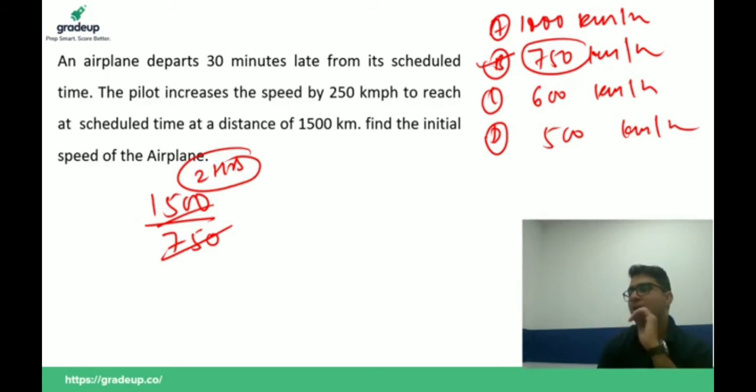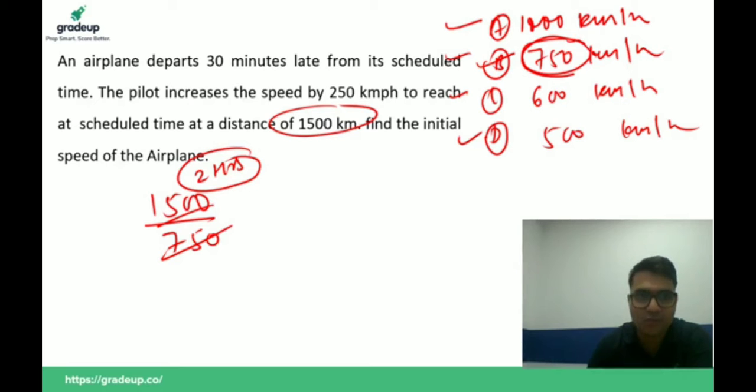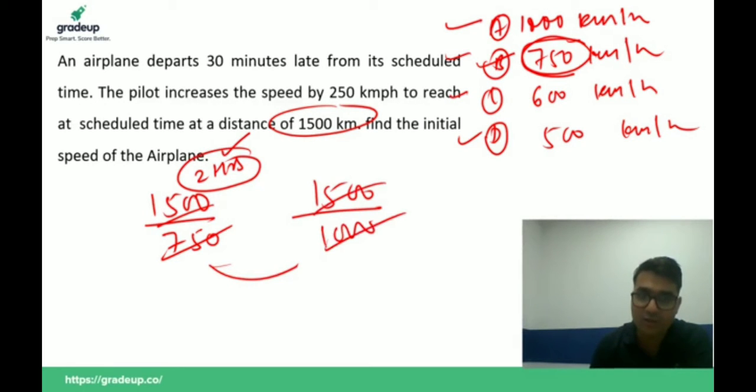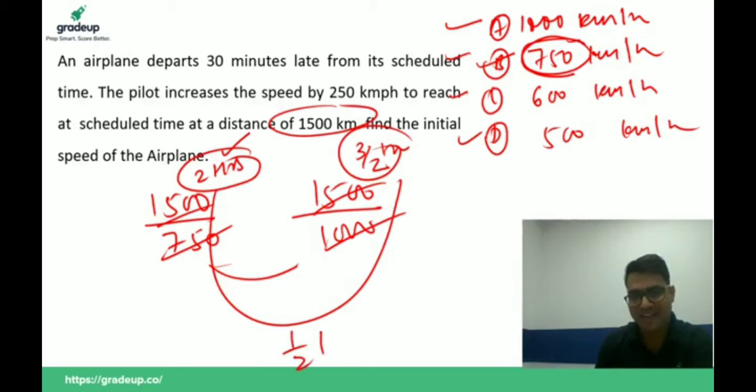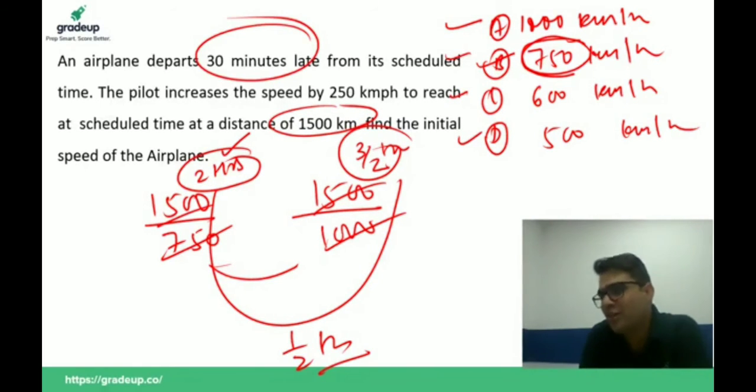Okay, now understand. All right, guys, you can do it by the options also. If you're going 1500 km with 750 speed, then you will take 2 hours. And if you are going at the increased speed, then you will take 3 by 2 hours. Then the difference between these two timings is half an hour, and this half hour is this. So you can do it by this method also.